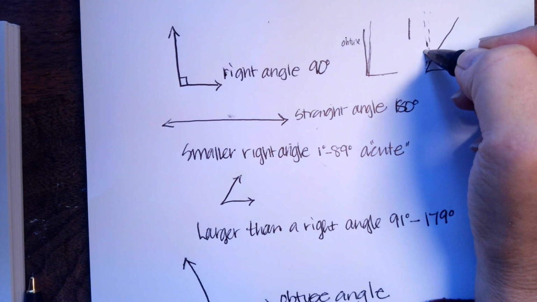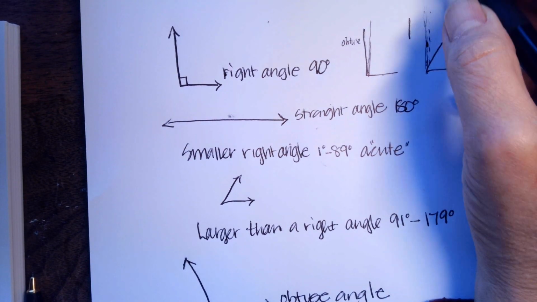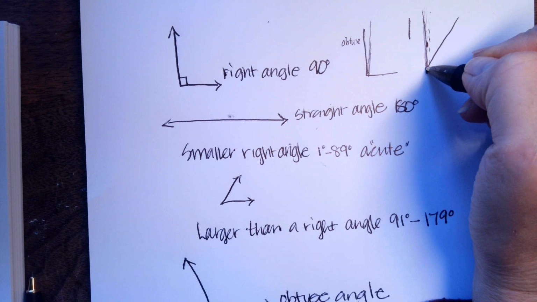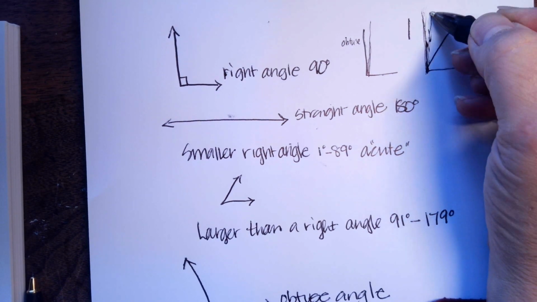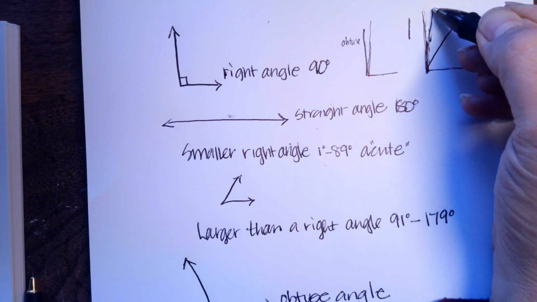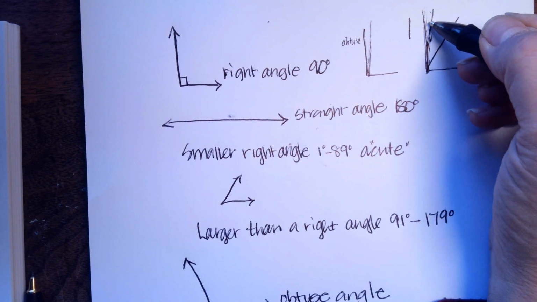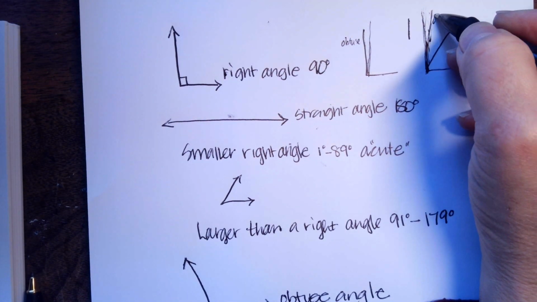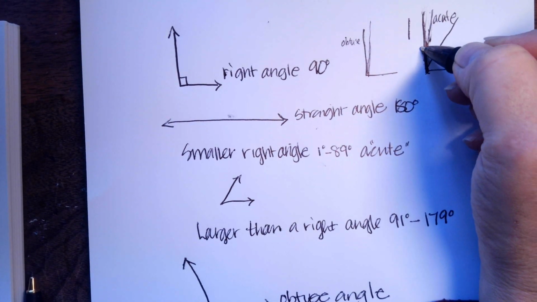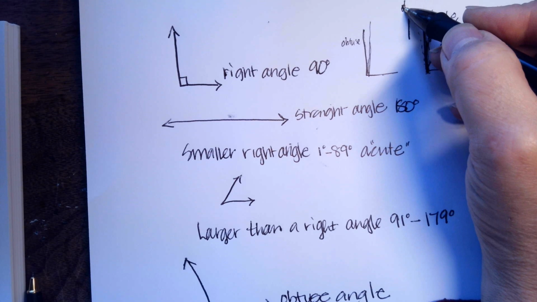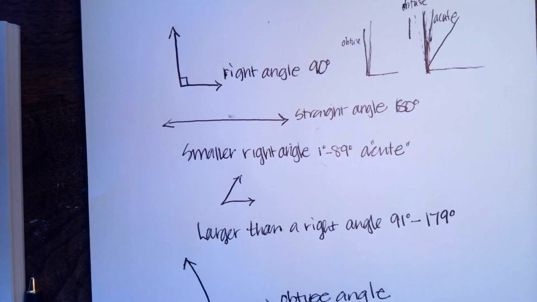I'm sorry, this is my straight angle. Oh my gosh, right angle, sorry. If the angle was like this, just a little bit off, but it was inside of the L shape, then this would be an acute angle. And then anything on this side would be an obtuse angle. Does that make sense?